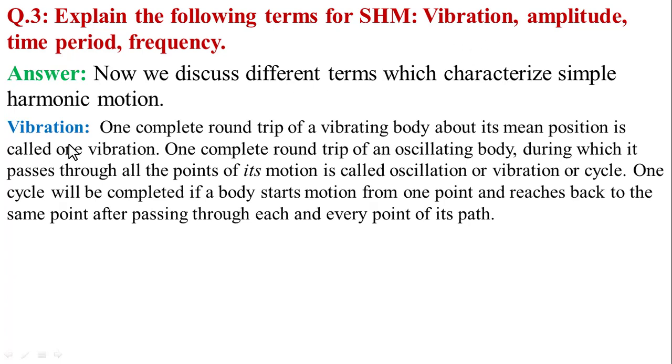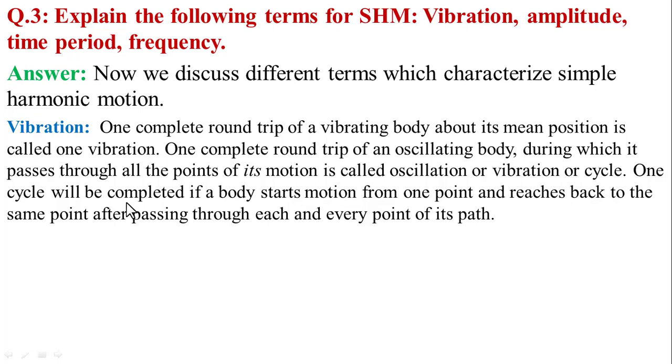So what is meant by vibration? One complete round trip of a body vibrating about its mean position is called one vibration. One complete round trip of an oscillating body, during which it passes through all the points of its motion, is called an oscillation, vibration or a cycle.